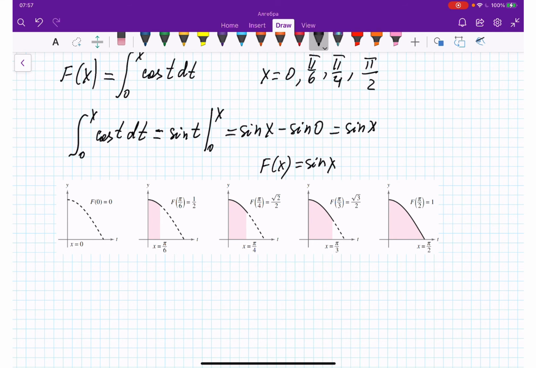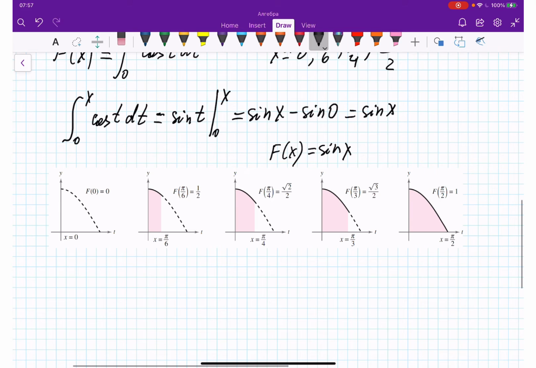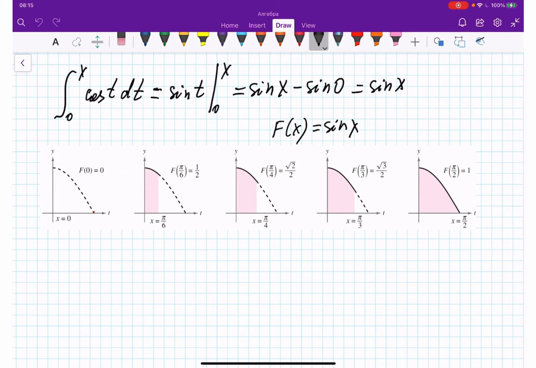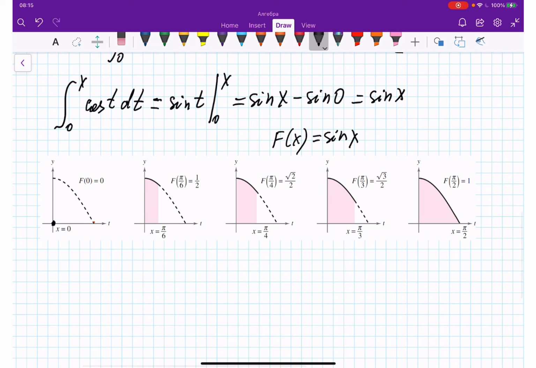So let me explain. We know that when x is equal to 0, we have 0 here, and we don't have any shaded area, because x is equal to 0, so there is no area.